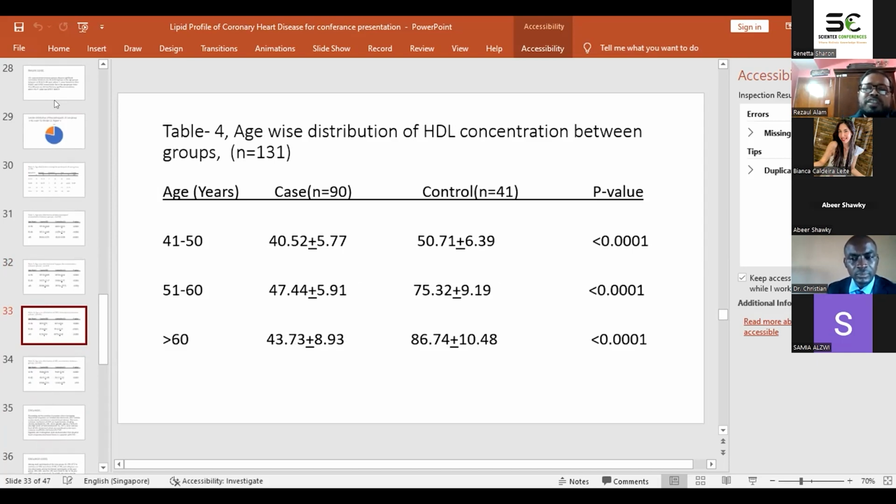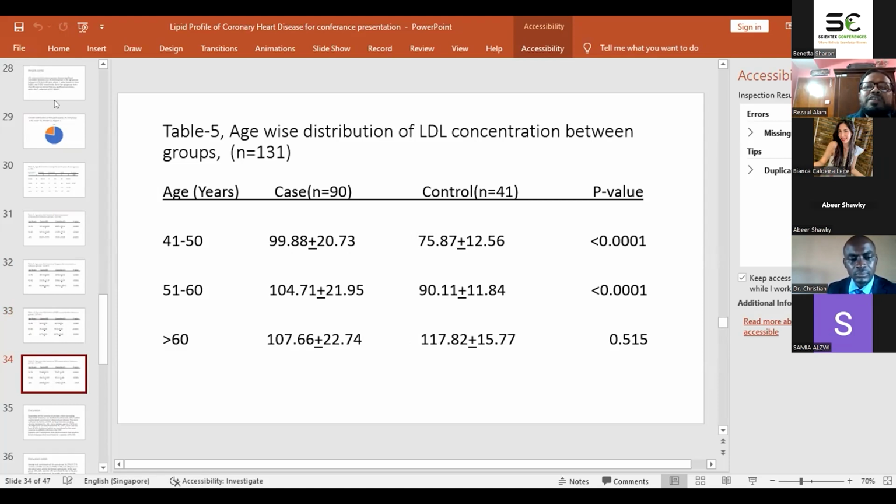Again, the p-value is significant. But in the more than 60 years age group, the HDL concentration is 43, and the control group was having 86. So the p-value is again significant. So here you see the HDL concentration is gradually reduced in the age groups of cases compared to the control group.